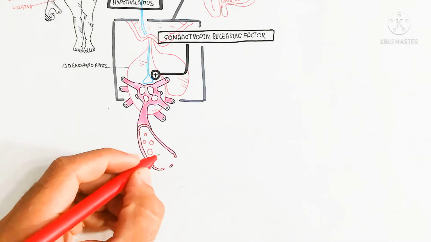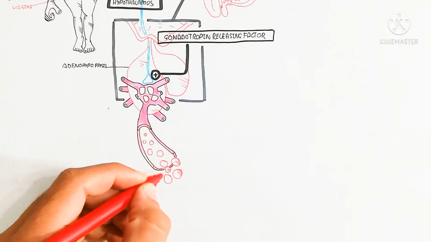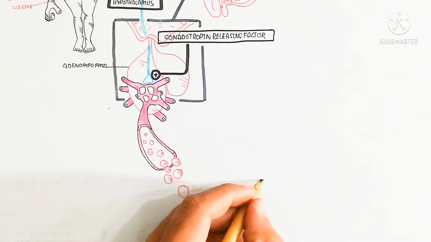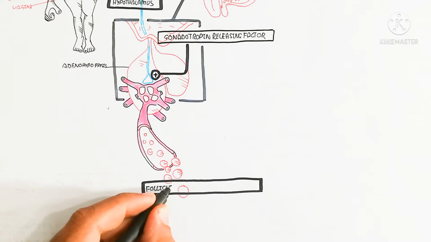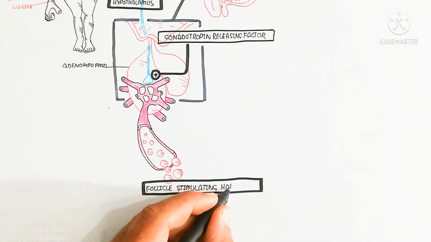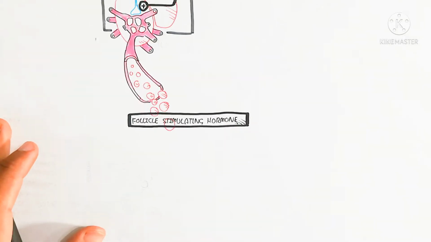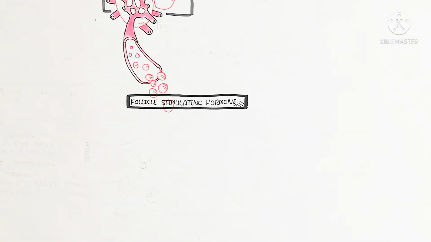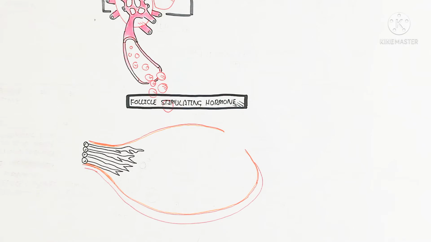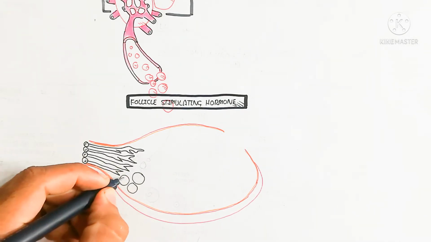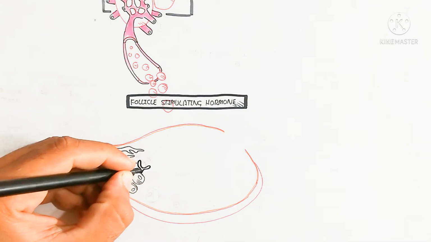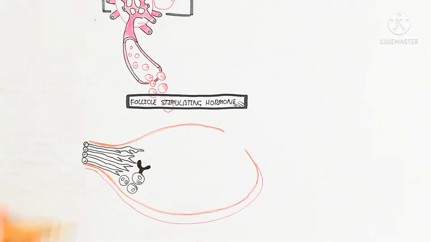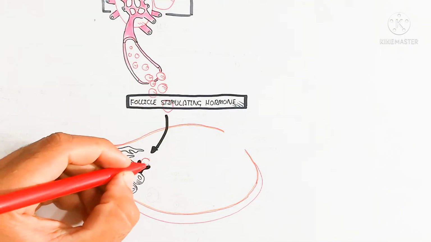So this gonadotropin releasing factor will stimulate the release of the follicle stimulating hormone, and this hormone will bind with the primary follicle, which is already present during the developmental time of the female, during the fetus time. The primary follicle will be stimulated when the primary stimulus, for example touch or something, enhances the hormonal activity to produce the follicle stimulating hormone.